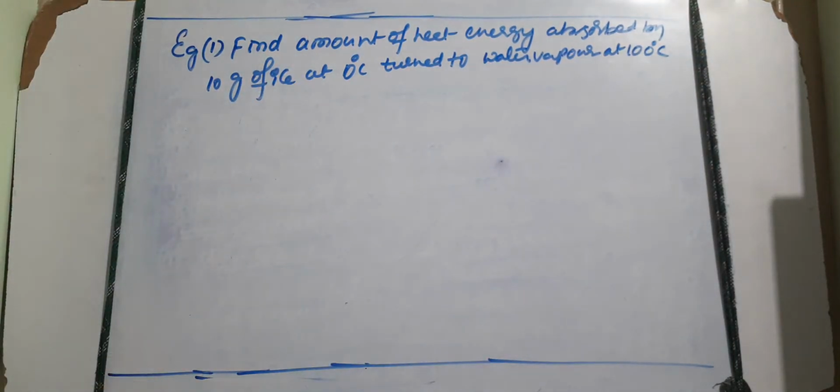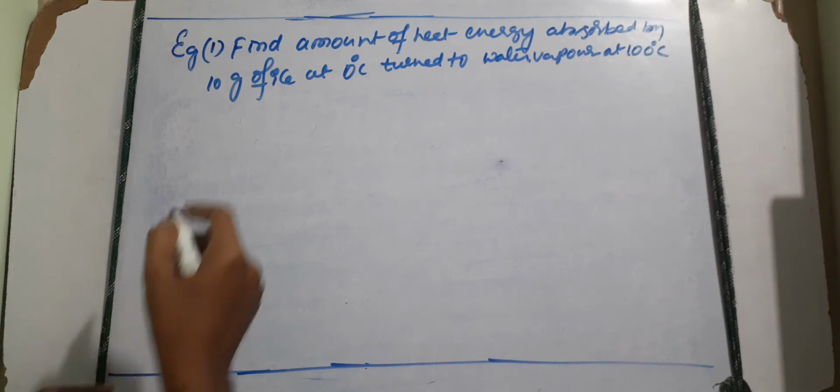So this is our example problem. Find the amount of heat energy absorbed by 10 grams of ice at 0 degrees Celsius turned to water at 100 degrees Celsius. Now the solution.